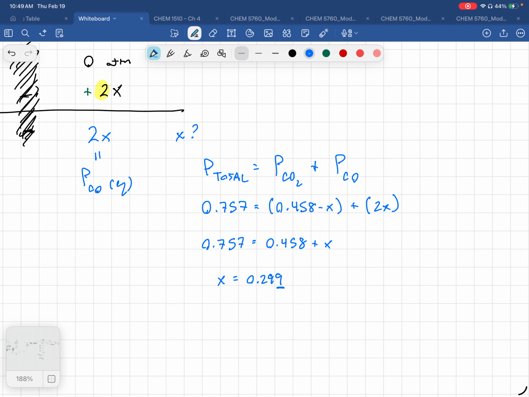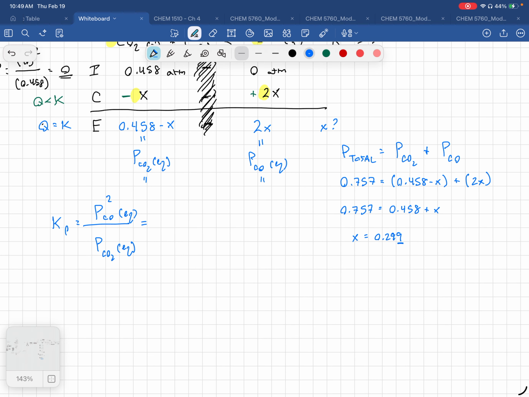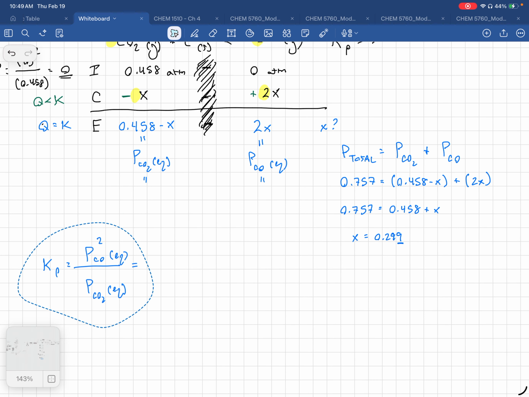Note 3 decimal places because we're doing addition and subtraction in that last step. But that also is going to be the number of sig figs when we go to calculate this at the end. So now, if we take this and plug this back in up here for each of these, let me move this expression down here.